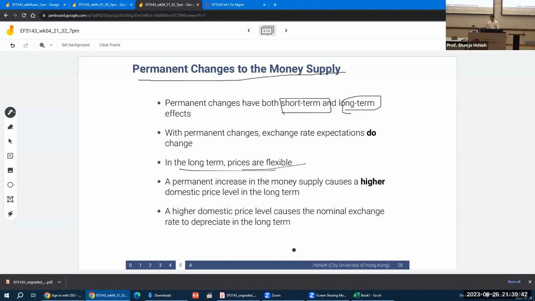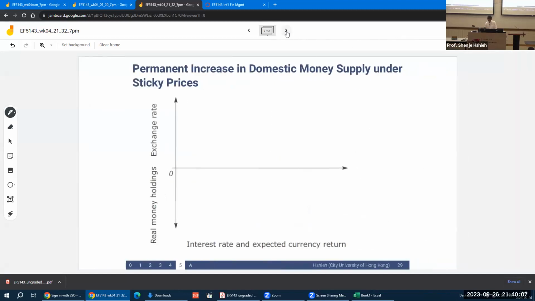Rather than a temporary monetary policy action, we're going to think about a permanent injection or contraction of liquidity, and analyze it in two ways: one in which prices are fixed, and the other with prices flexible in the long term. So let's go ahead and do that analysis.